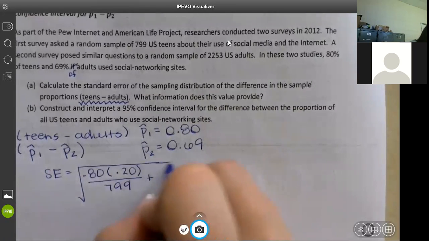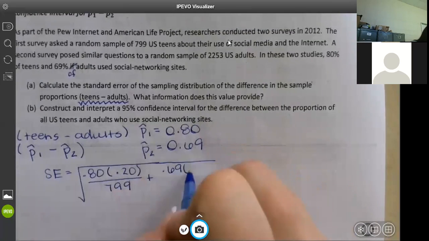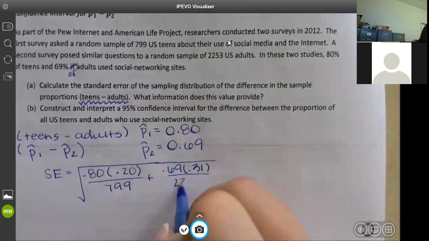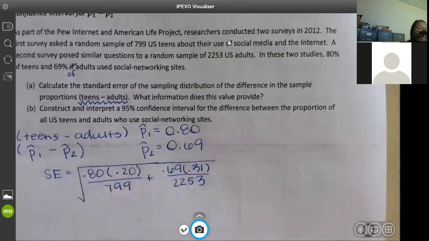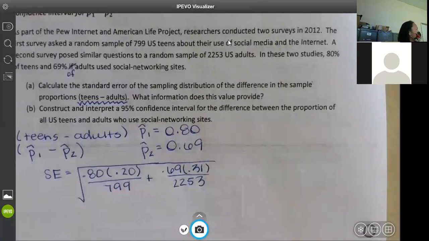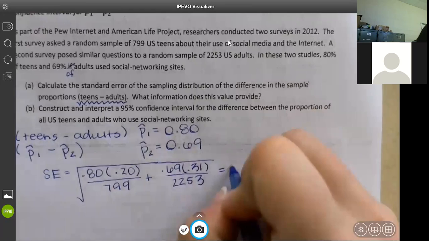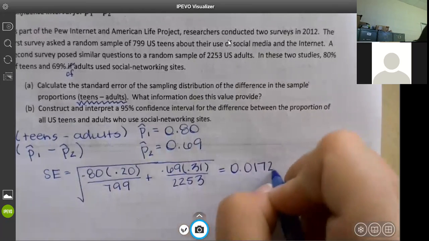This is always plus 0.69 and 0.31 over 2253. Do y'all have any questions about where any of that came from? Everybody good? This will give you 0.0172.